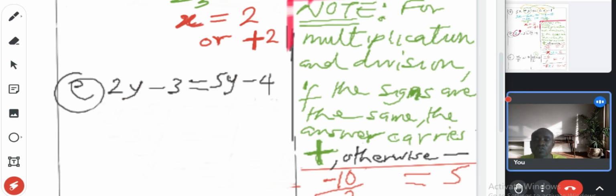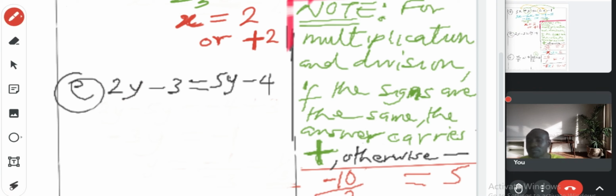It's usually good to leave the ones that have x on the left hand side. 5y. Okay. And then move minus 3 to the other side.